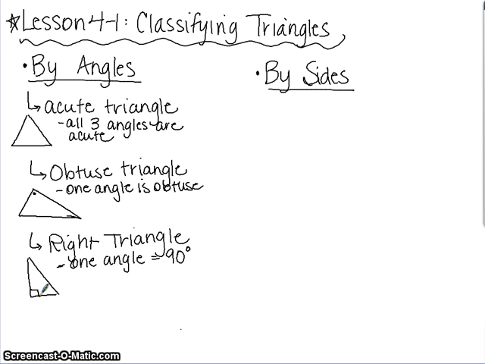Okay, the last one, there's a fourth one, according to angles anyway. The last one we don't use as often. That is what we refer to as an equiangular triangle. Okay, so it's kind of right in the name. Equiangular means that all the angles are the same.